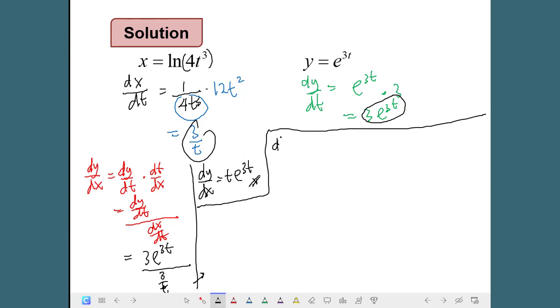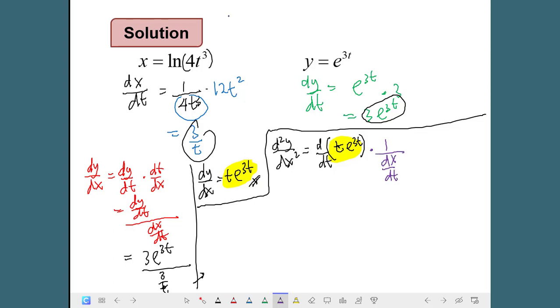Now we're going to find d2y/dx squared. You need to differentiate dy/dx, this one here, t e^(3t), with respect to t, times dt/dx, or 1 over dx/dt. Why?